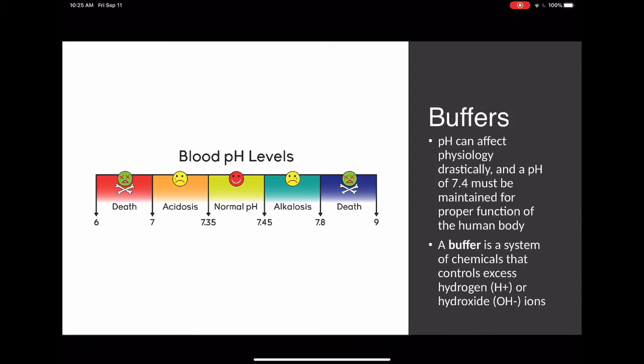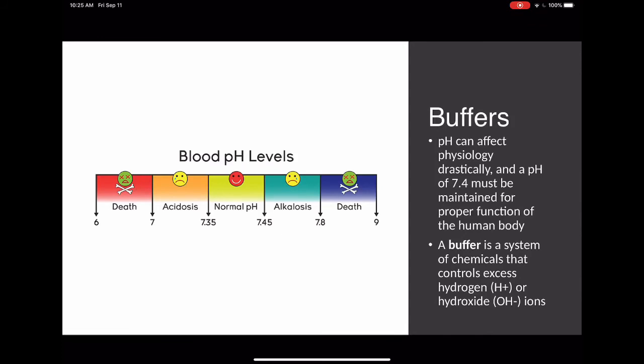we have acidosis, which is when your blood pH is low, and alkalosis, when your blood pH is high. And if you go too far, basically the body will cease to function, and you will die either way. This can happen with several different diseases, acidosis or alkalosis.